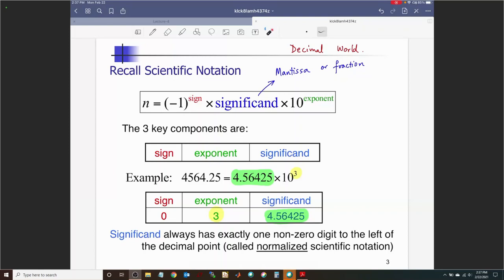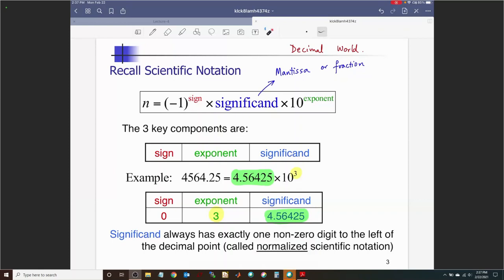So to call the significand normalized, I have to have exactly one non-zero digit to the left of the decimal point. And that's what we are going to call normalized scientific notation. And if the number does not follow that, we are going to call it denormalized notation.